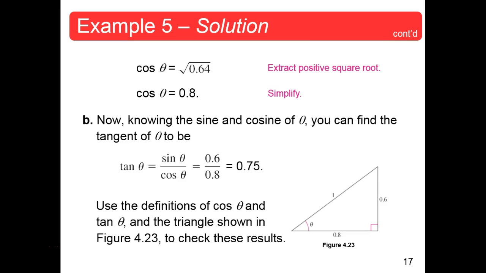Okay, you said the sine of theta was 0.6, so put that 0.6 over 1, and then you can do 1 squared minus the square, and your cosine has to be 0.8, so that's 0.8 over 1. And then do your tangent, which is exactly what we did here. You get 0.75.